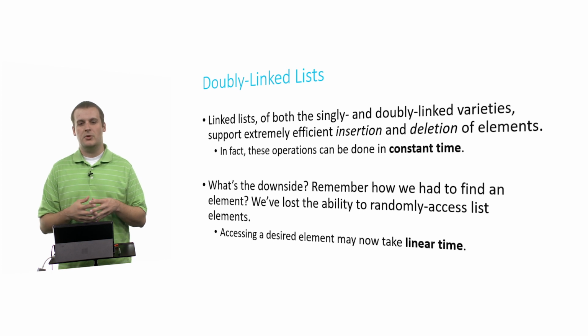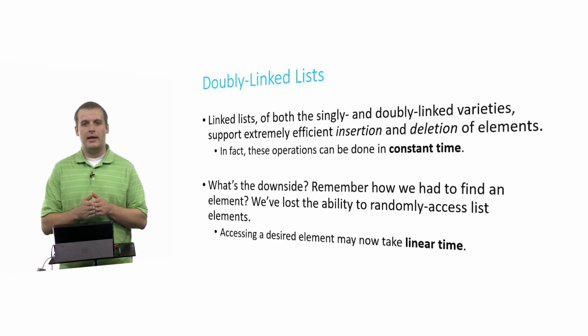With arrays, if we were doing something like insertion sort, you probably recall that insertion sort is not a constant time algorithm. It's actually pretty expensive. So this is a lot better for inserting. But as I mentioned in the singly linked list video, we've got a downside here too, right? We've lost the ability to randomly access elements.